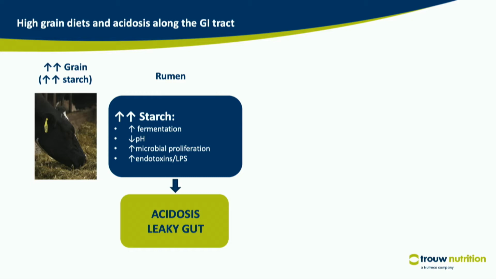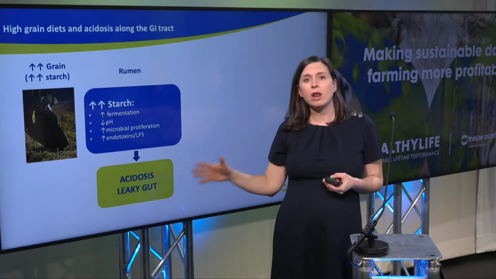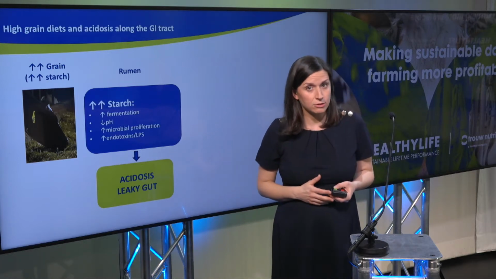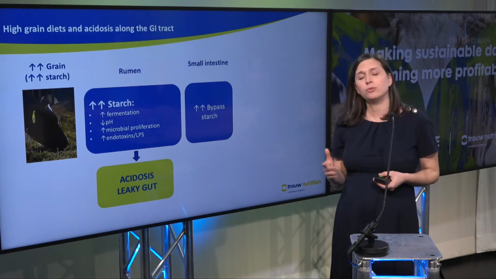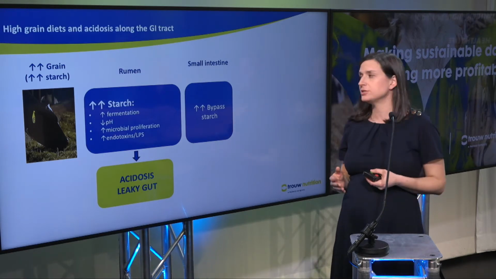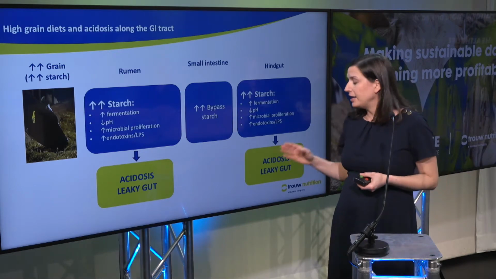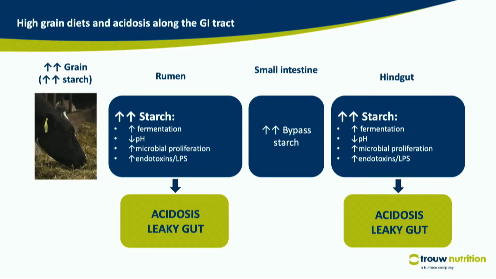These rations are characterized by having a large amount of grain and a high starch content. This is a known risk factor for the development of acidosis and leaky gut in the rumen. But we should not forget that these are associated with a large fraction of bypass starch that reaches the hindgut, and here we can also have acidosis and leaky gut.